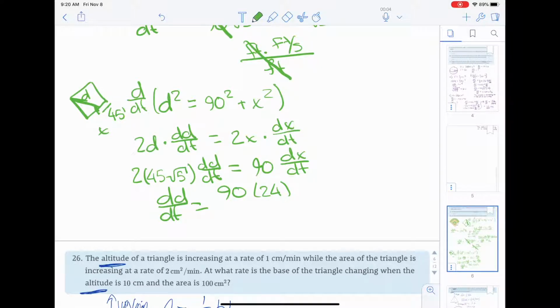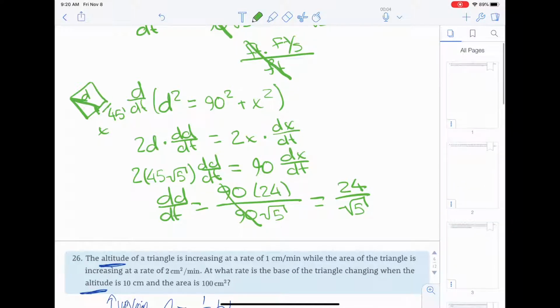And then it's still over 90 square roots of 5. Our 90s cancel out, so we're left with the final answer of 24 over the square root of 5. And since all of our units are the same, we still are in feet per second.